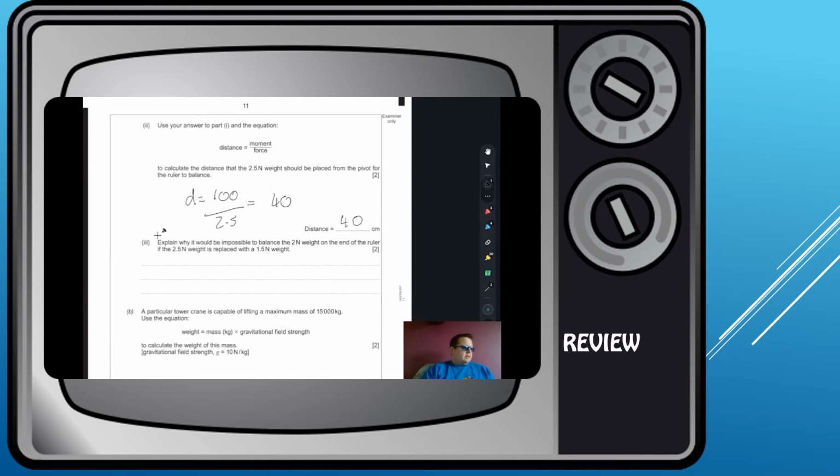So basically, you've got to remember that 1.5 is less than 2 newtons, so it has to be placed further away, which is impossible.